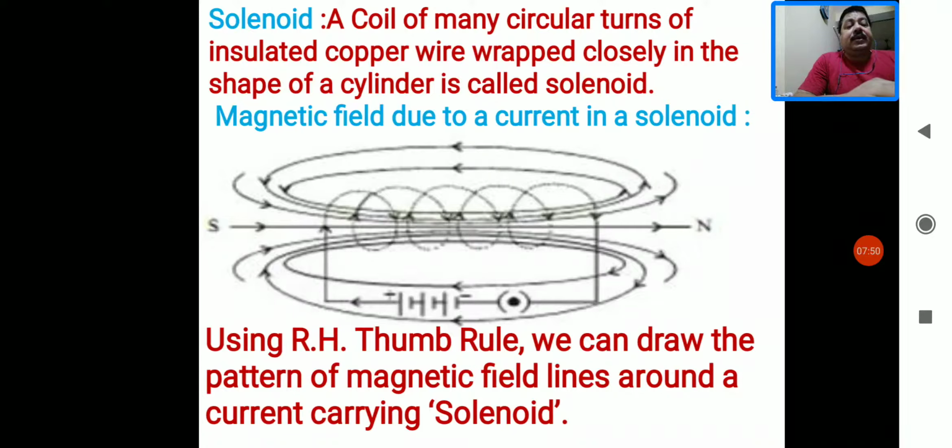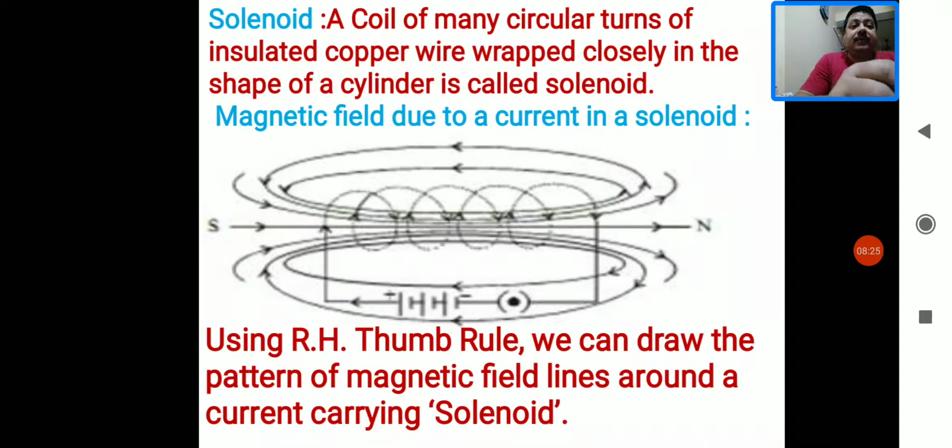When the current passes through the solenoid, the solenoid behaves as a magnet, because a magnetic field is formed. The magnitude of the magnetic field depends on two factors.